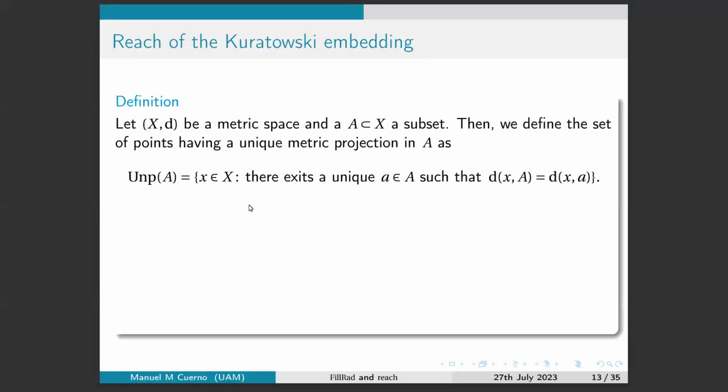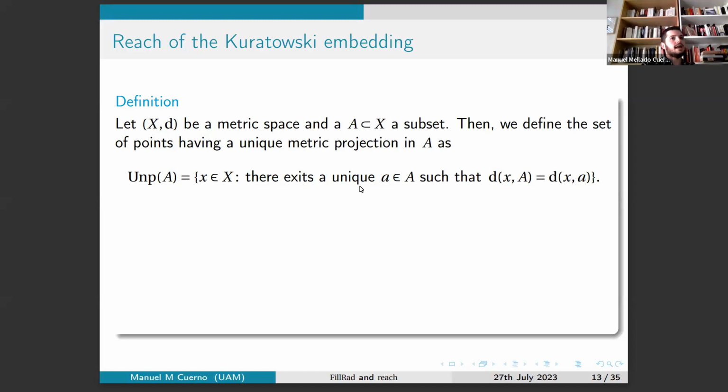I have one question. You mentioned that you want to study the reach of other classes of spaces, but I think this is a different question. If you have convergence of spaces, is the reach continuous or semi-continuous with respect to Gromov-Hausdorff distance or other types of distances? That's a nice question, but now I'm not sure.